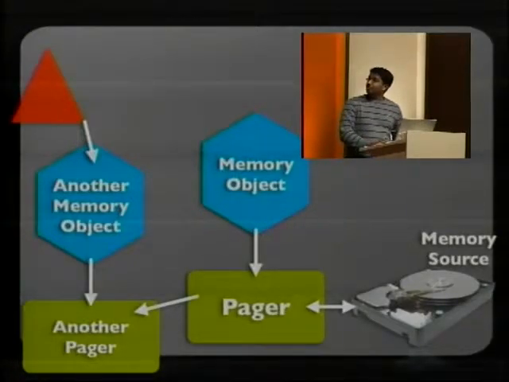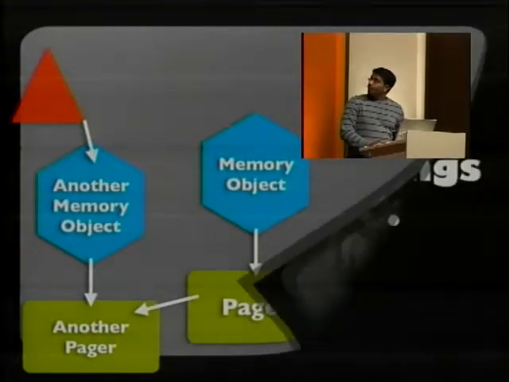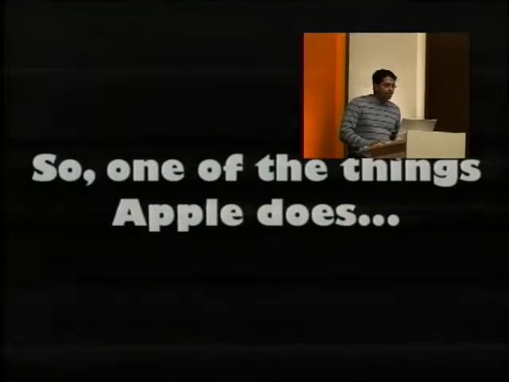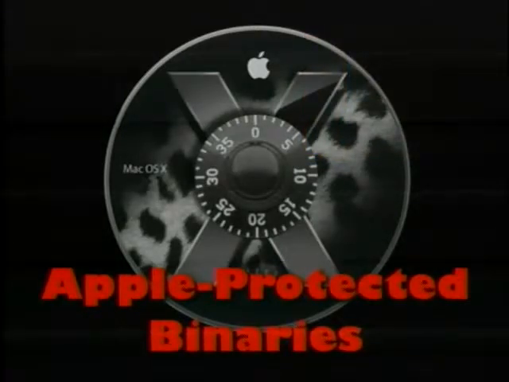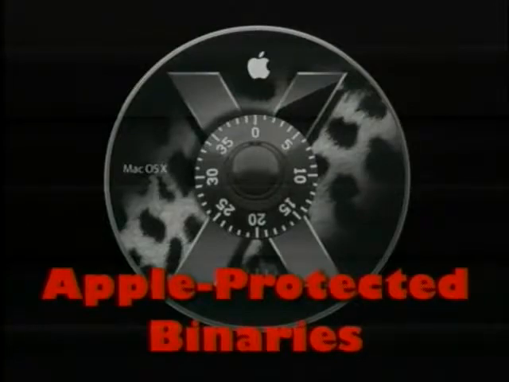So, given this picture, one of the things Apple does is what's called Apple protected binaries. This is one thing I really like about Apple, which is that they're very pragmatic. If they're solving a problem, they have as good engineers as anybody else.